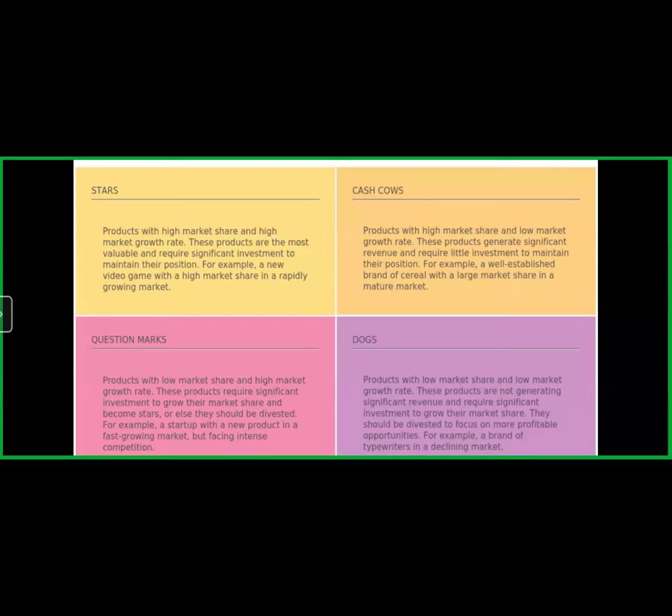Then again, we need to analyze the way we had analyzed air conditioners. You need to analyze what is going to happen next year or next 5 years, whether the demand of TV is going to be on the increasing side or it may not.